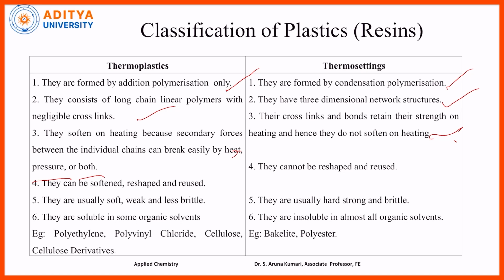And coming to the next point, thermoplastics can be softened, reshaped and reused. And thermosetting plastics cannot be reshaped and reused. Thermoplastics are usually soft, weak and less brittle, whereas thermosetting plastics are usually hard, strong and brittle.